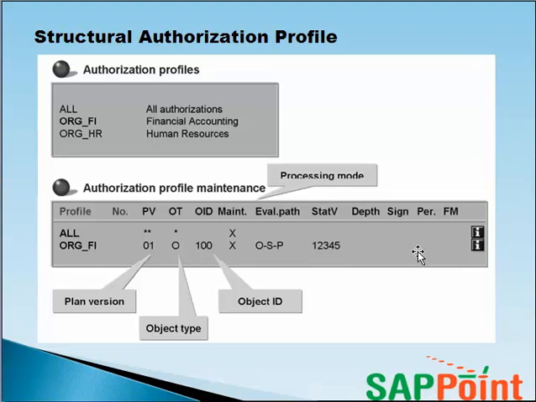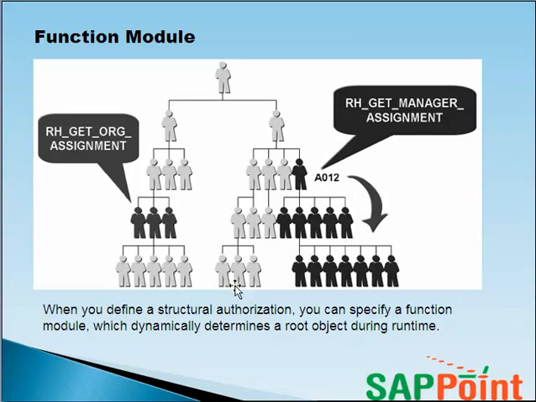So what is the advantage of using the function module when compared to the object ID? The advantage is that a user-specific profile is created by the dynamic definition of the root object at runtime. So depending on who is accessing, the function module is going to determine the starting root object dynamically at runtime.